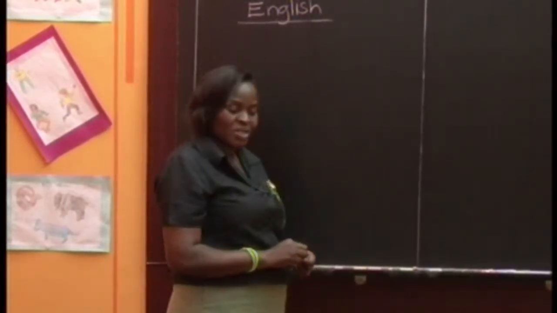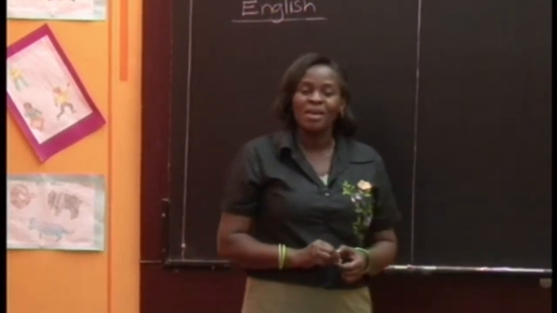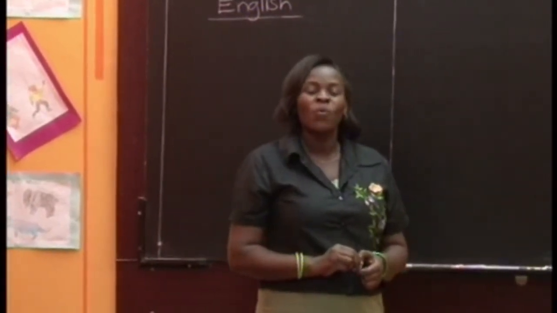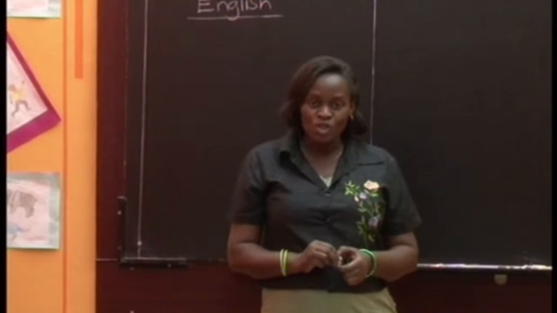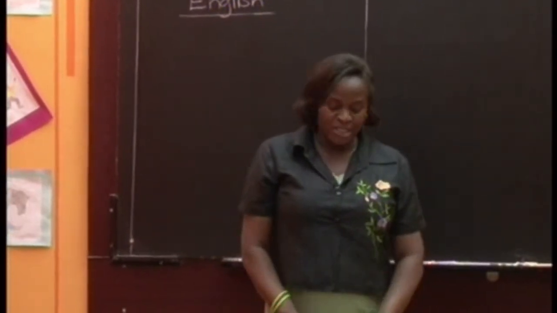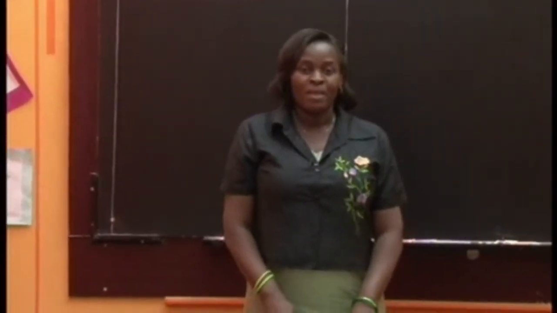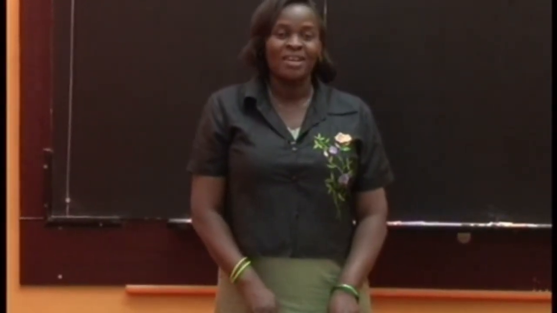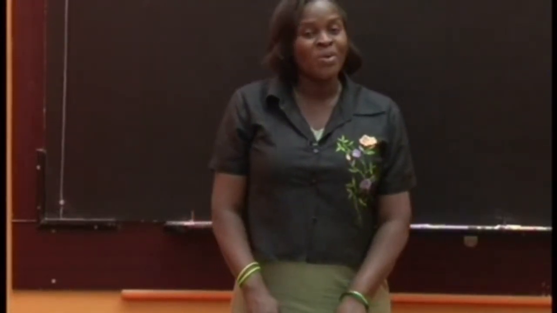In our English lesson, to bring up the topic, we are looking at the words we use to describe people and objects. And today, before we look at today's lesson, let's remind ourselves about what we've been looking at in our previous lessons. We are looking at the words we use to describe people.